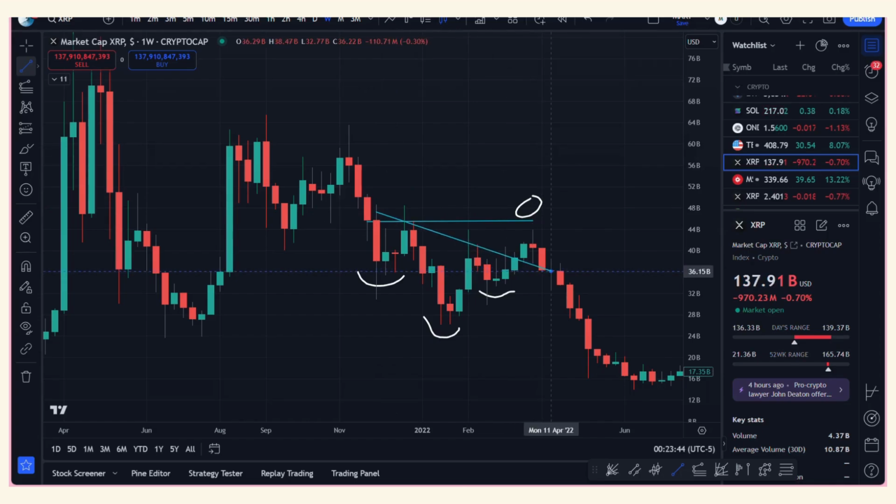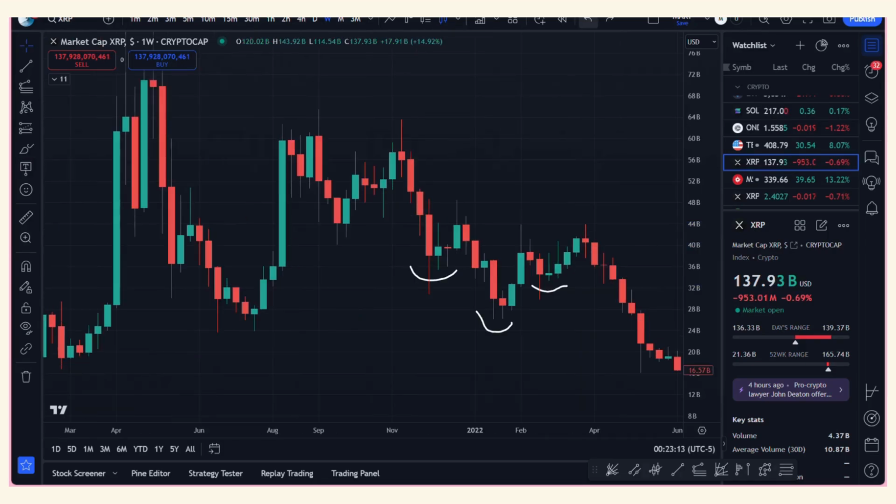This actually continued to the downside. You get the neckline in here, and there's no breakout. Picture perfect using a line graph.